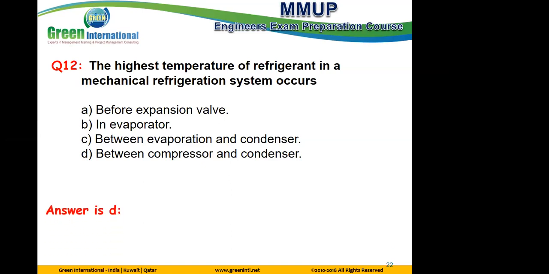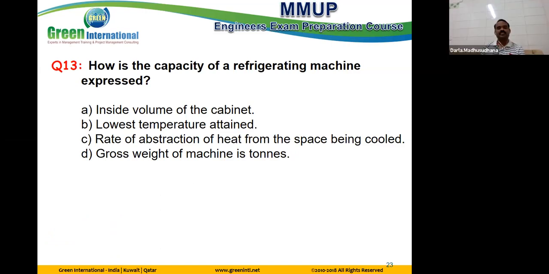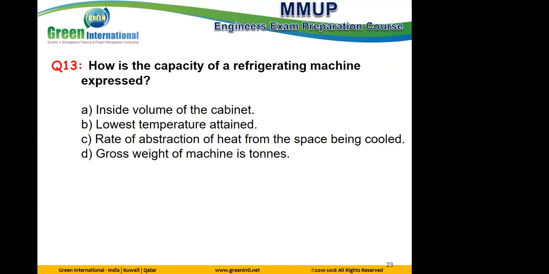Oh, okay. How is the capacity of a refrigerating machine expressed? C. Yes, C. Yes, makes sense.